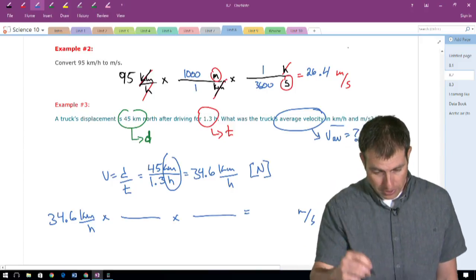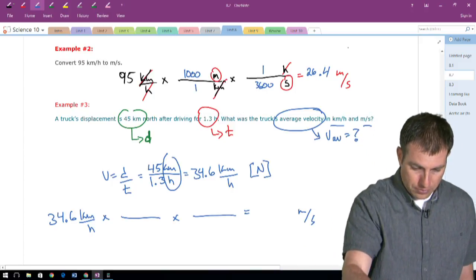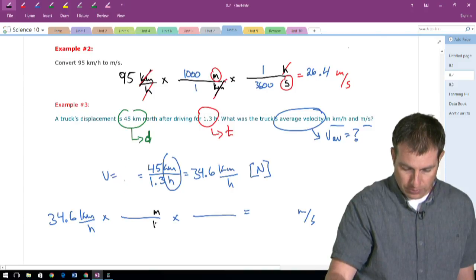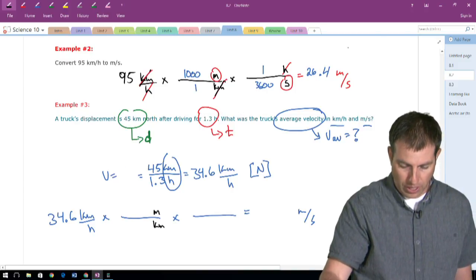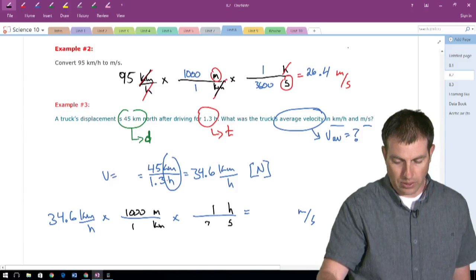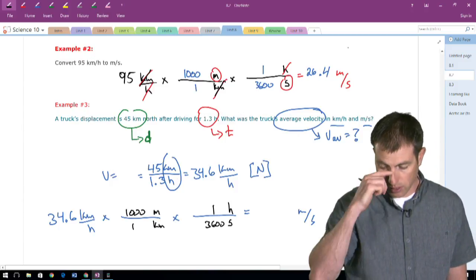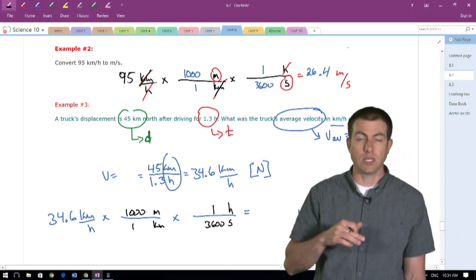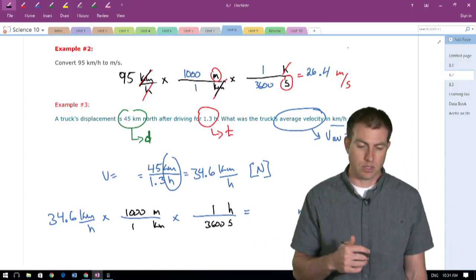I have kilometers on the top, I want to get rid of it, so I'll put it on the bottom. I have hours on the bottom, I want to get rid of it, so I'll put it on the top. 1 kilometer is 1,000 meters. 1 hour is 3,600 seconds. So what I'm really doing here is going 34.6 times 1,000 divided by 3,600.